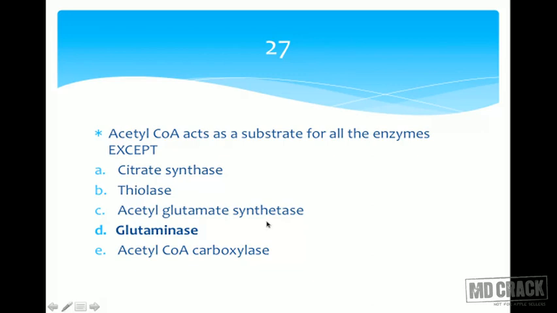Acetylglutamate synthetase, yes, to form N-acetylglutamate, which is required for urea formation, which acts as an allosteric effector for carbamoyl phosphate synthetase 1 in the urea cycle. Glutaminase is not involved. Acetyl-CoA carboxylase, yes, de novo synthesis of fatty acids, acetyl-CoA to malonyl-CoA. So acetyl-CoA acts as a substrate for all these except glutaminase. Glutaminase converts glutamine to glutamate.